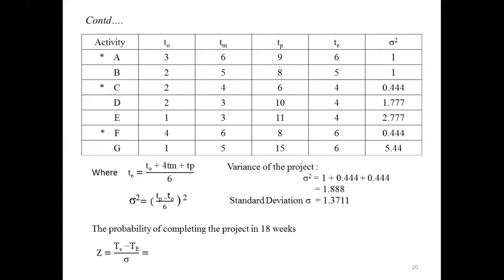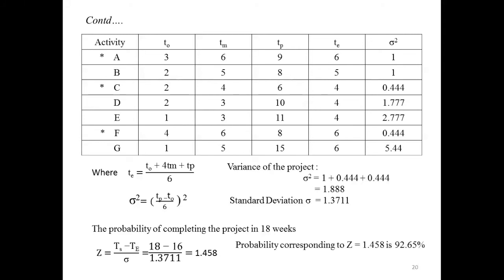Z equals Ts minus Te by sigma. The Ts value is given, that is the scheduled completion time of the project, 18 weeks. Te calculated from the critical path is 16, divided by the sigma value 1.3711.